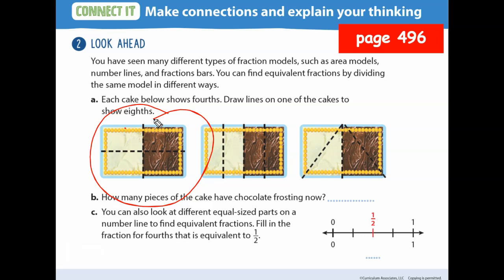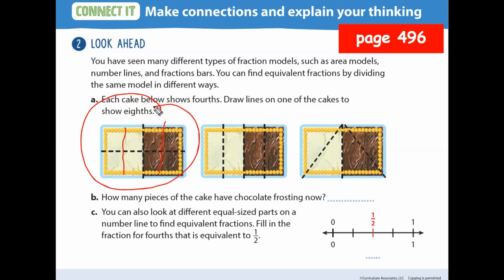Look, like this. There. Now I have 1, 2, 3, 4, 5, 6, 7, 8. Okay, eighths. How many pieces of cake have chocolate frosting now? Now, how many pieces have chocolate frosting? 4 of them.